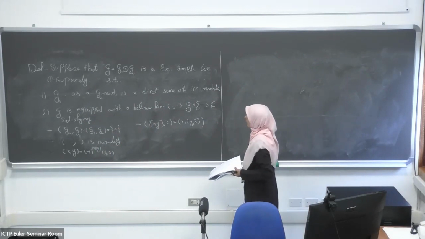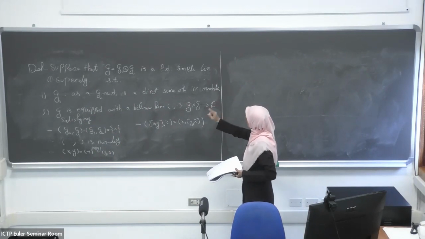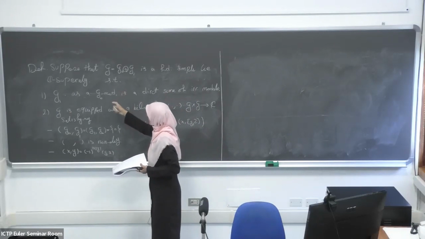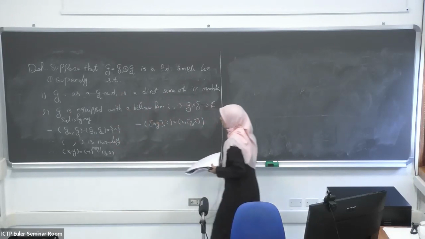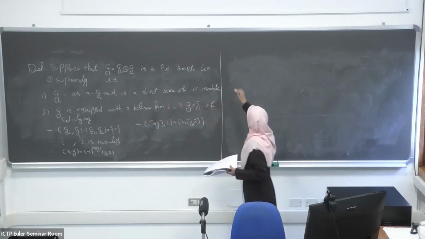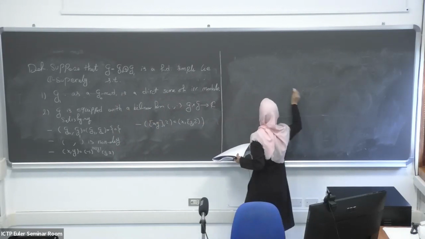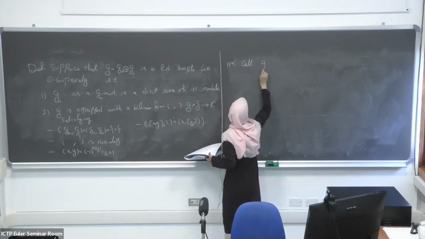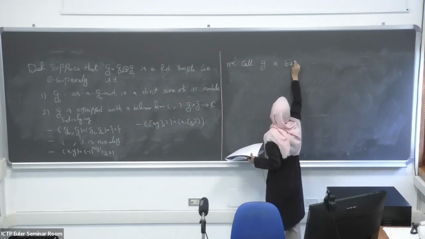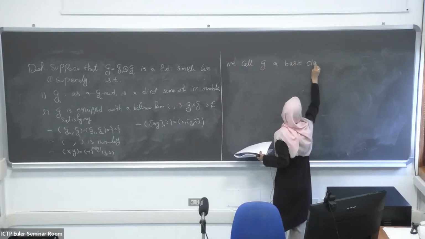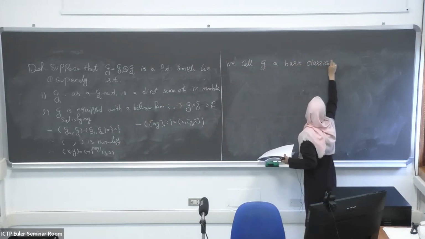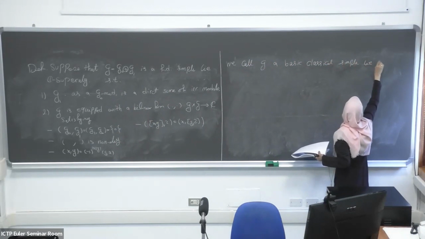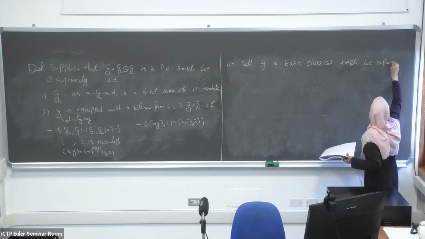So, suppose that G is a finite dimensional simple Lie superalgebra over C such that 1 and 2 are satisfied. We call G a basic classical simple superalgebra.